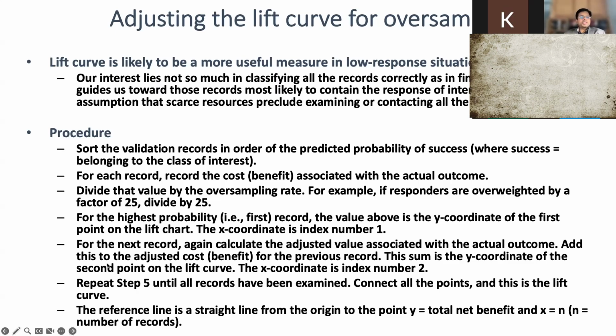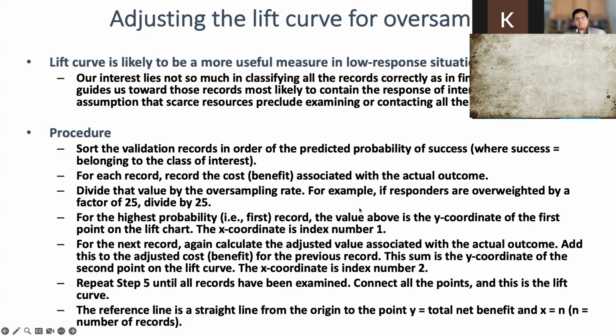And the way we do this is basically the same weighting approach that we just saw here. We sort the validation records in order of the predicted probability of success, which we saw in one of the examples, where we look at the probabilities and then decide what exactly the prediction was and what the actual was. And for each record, we record the cost associated with the actual outcome, but divide that value by the oversampling rate.